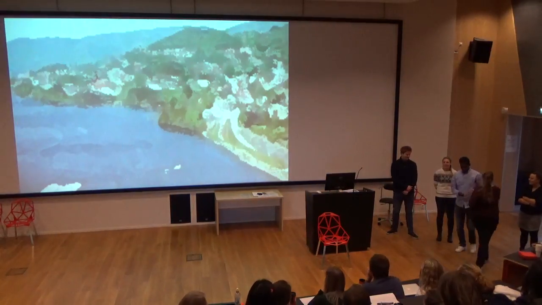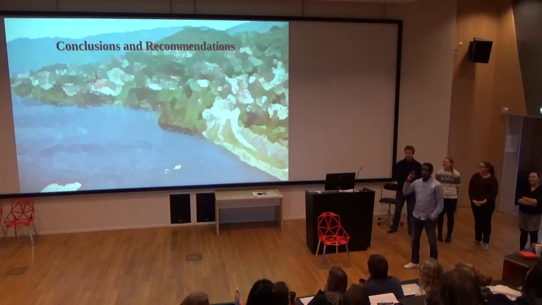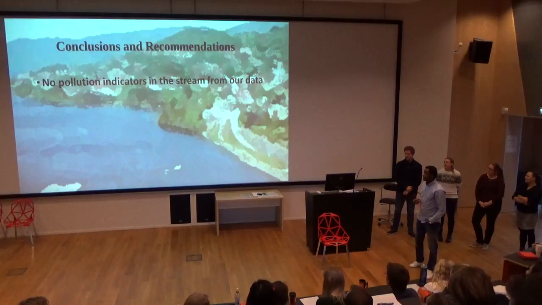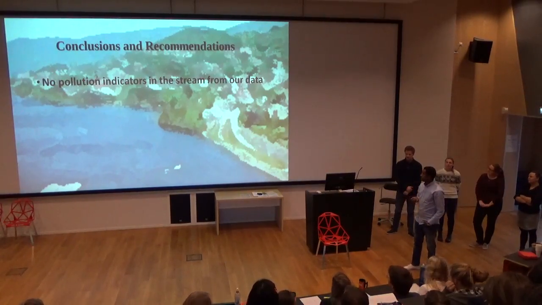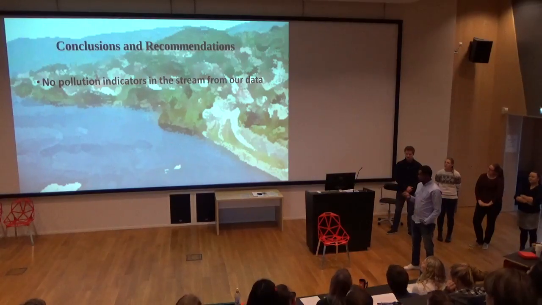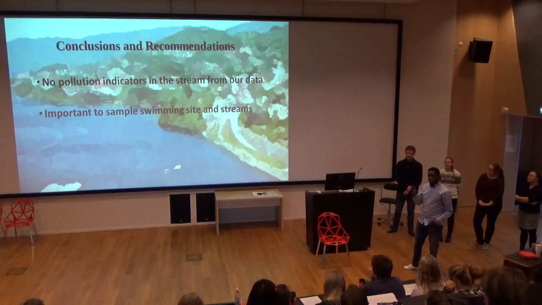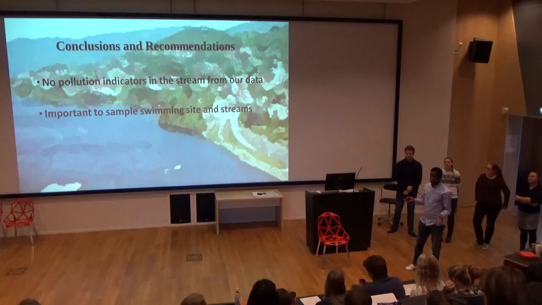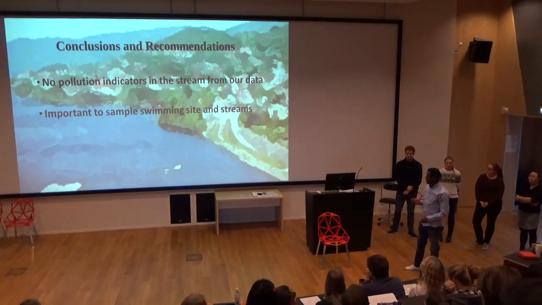Mark? Yep. So the conclusions and recommendations from the streams that we considered. The first thing is we cannot really find any pollution indicators in the streams from our data, of course. And the second thing is it's always important to have the sampling of the bay and the streams at the same time to see the potential impact of the streams in the bay.